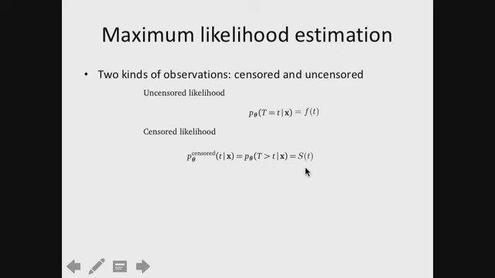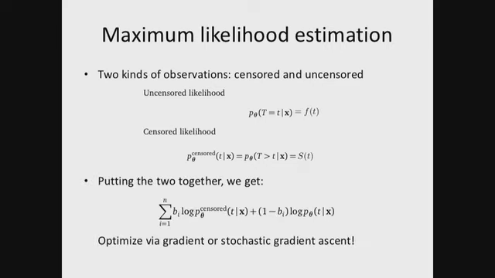So now we can combine these two for censored and uncensored data, and what we get is the following likelihood objective. I'm showing you here the log likelihood objective. Recall from last week that little b of i simply denotes whether this observation is censored or not. If b i is 1, it means the time that you're given is the time of the censoring event.